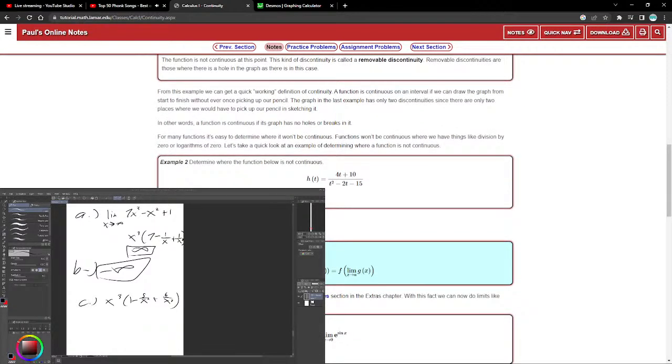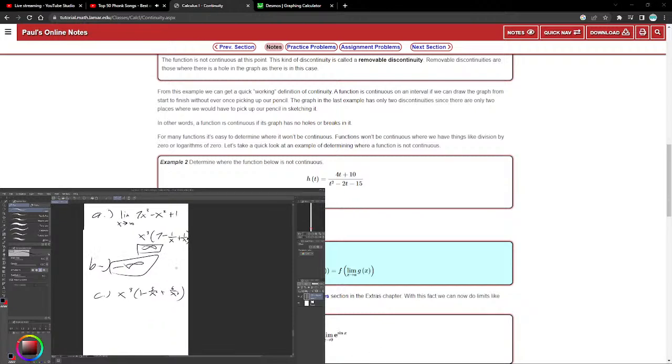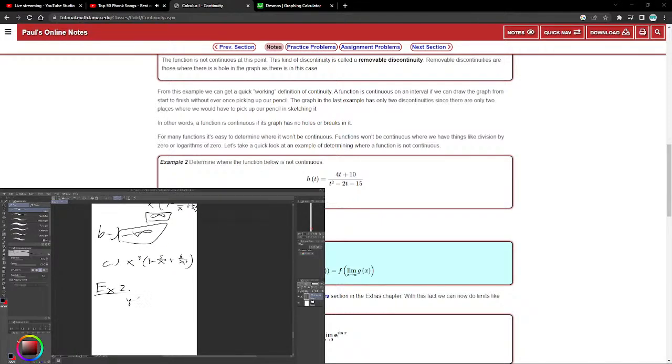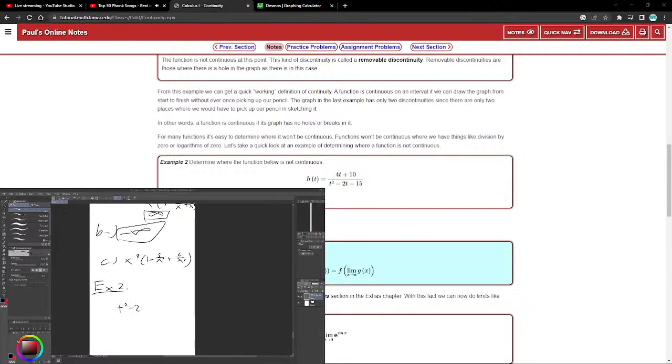Determine that the function below is not continuous. Okay, set it equal to 0. Or really, just set the denominator equal to 0. So we're really looking for asymptotes and poles.